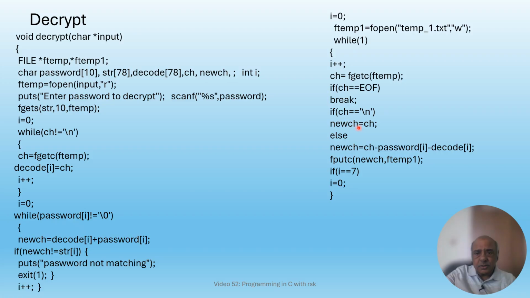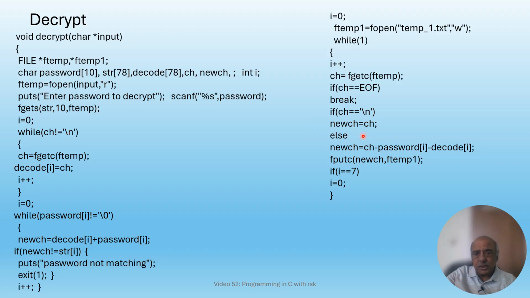Then if ch is next line, we assign the read character from the file to a new char variable named new ch.